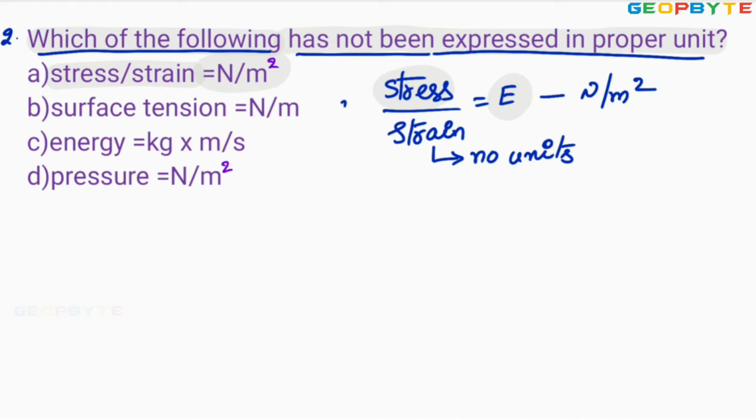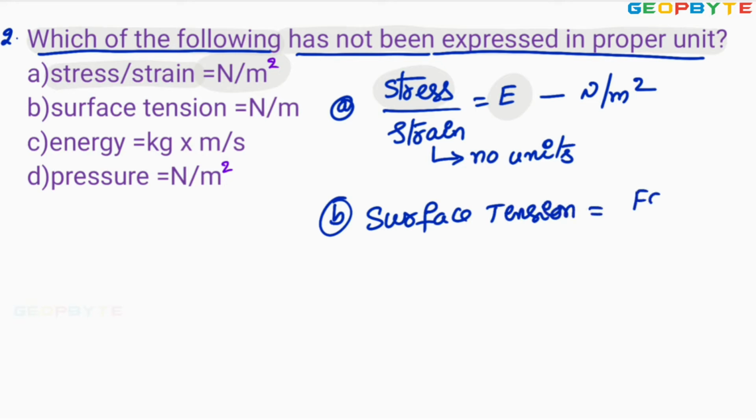Come to surface tension. Surface tension is equal to surface force per unit length. The force unit is Newton, length unit is meter. Newton per meter is the unit of surface tension. The same is given. Therefore, option B is also written with the correct unit.